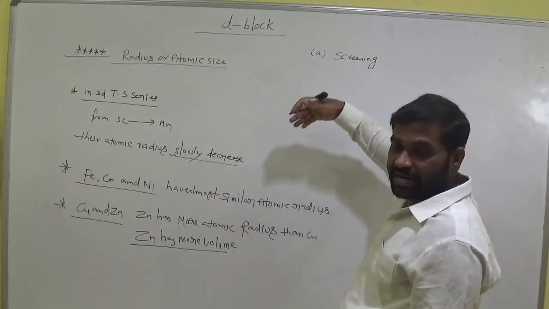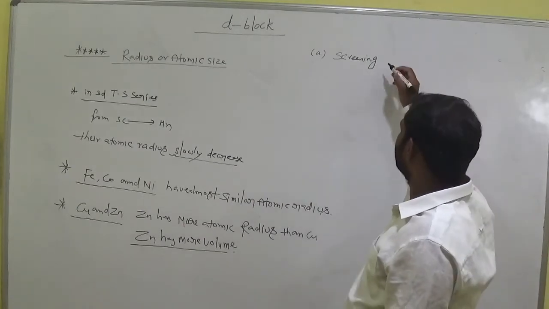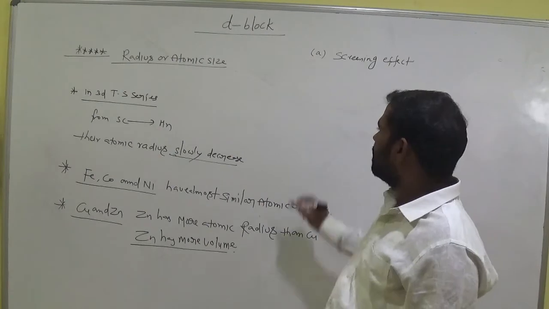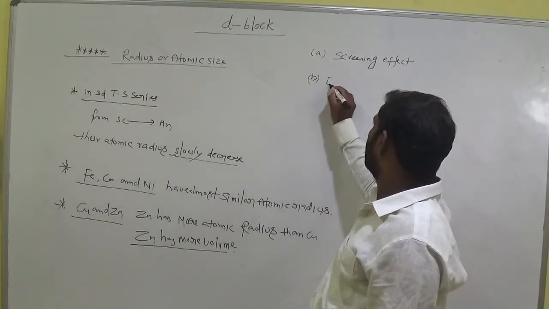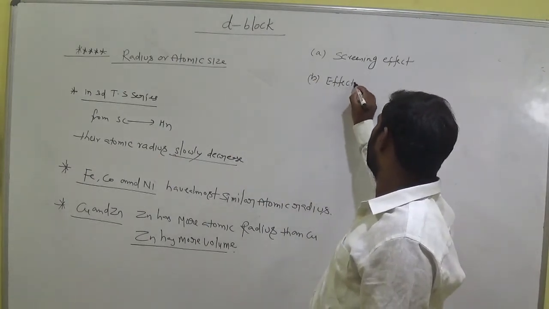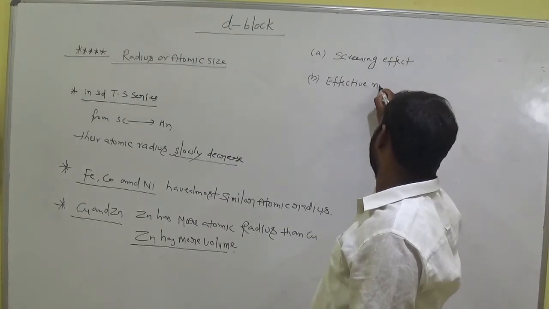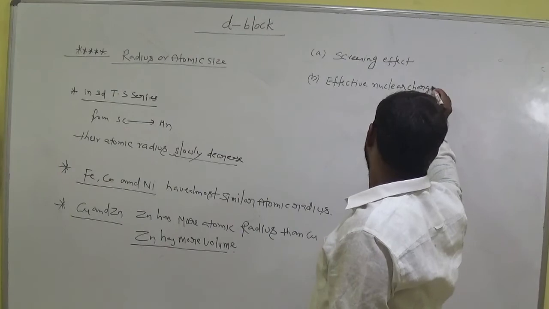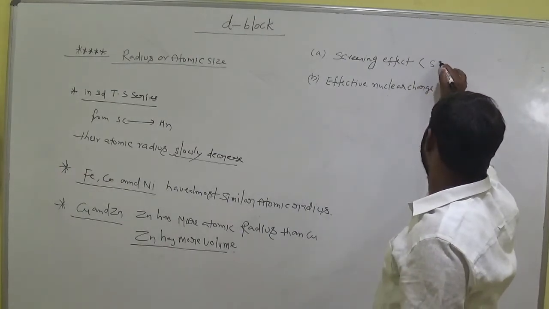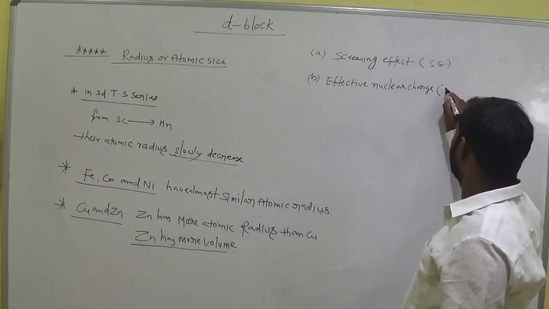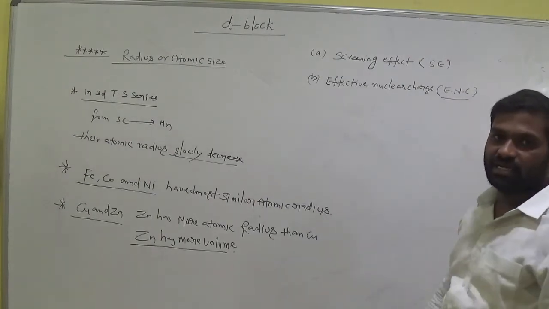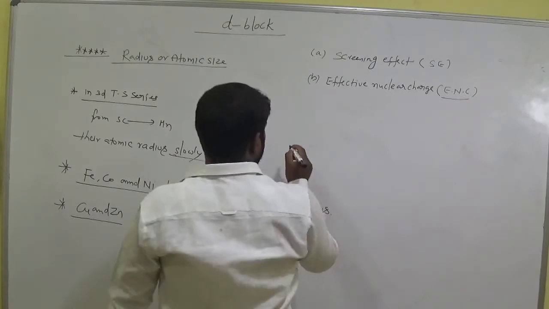Another way we can explain these three is one, screening effect, and another one, effective nuclear charge. Screening effect simply, and effective nuclear charge. Okay. So keep it in our mind.